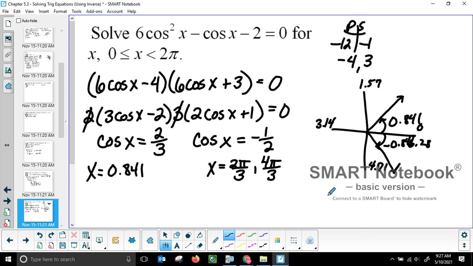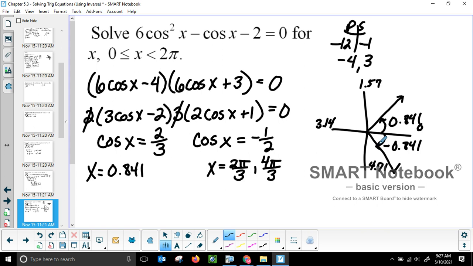Let me do that a little bit better so that we can all see it. So this would be negative 0.841. But I don't want negatives, right? I want it between 0 and 2 pi. How can I get a positive angle that is in the exact same location as this one? Just add 360.